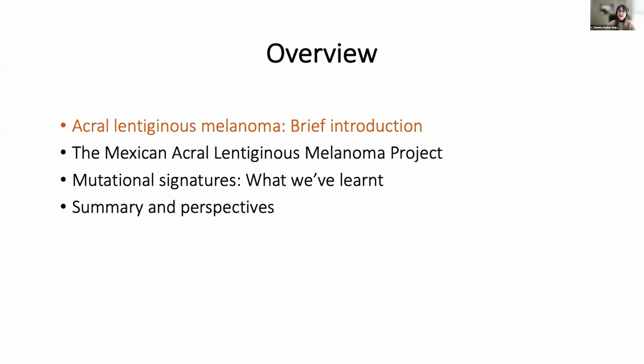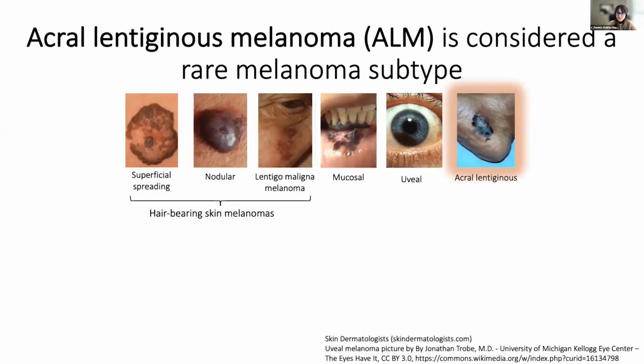Okay, so to begin with, melanoma has historically been classified in several clinicopathological subtypes, of which the 6 that you see here are the major ones. These differ in their clinical presentation, their frequency in different populations, their prognosis, and their etiology.